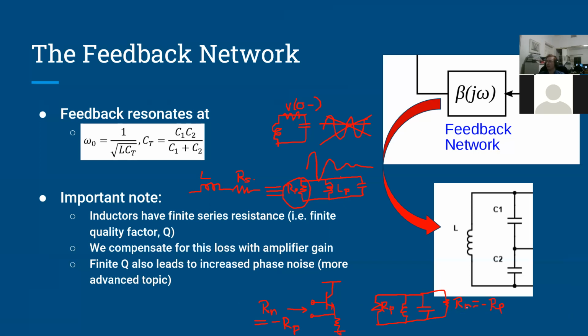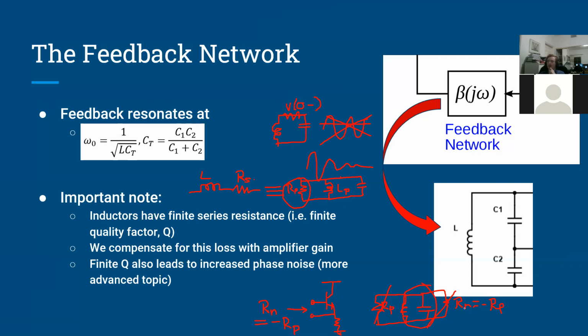And Rp in parallel with minus Rp gets you infinite resistance. So you can ignore these two resistors, and you're left with just your perfect lossless LC tank. So the goal here is to bias this amplifier such that Rn equals minus Rp.